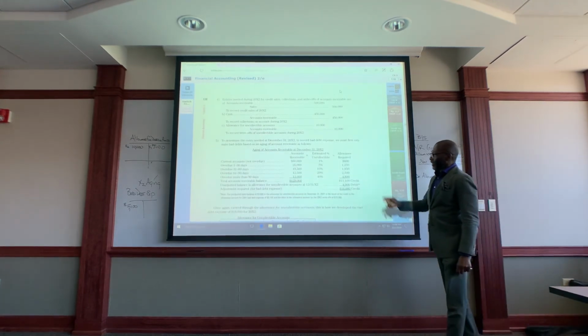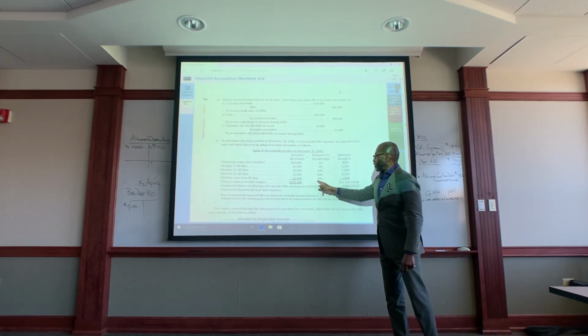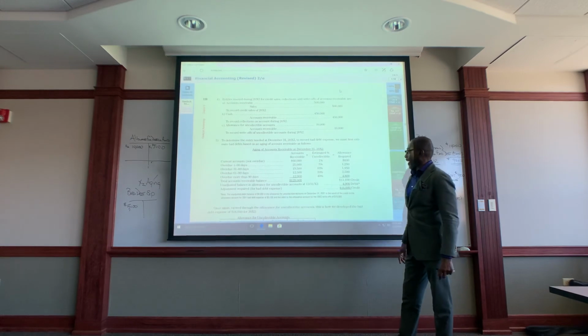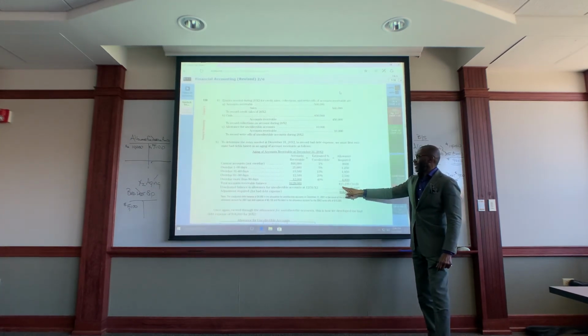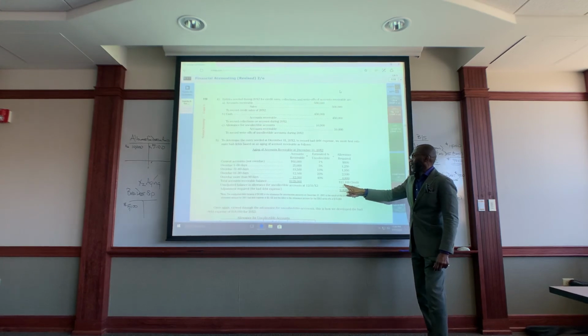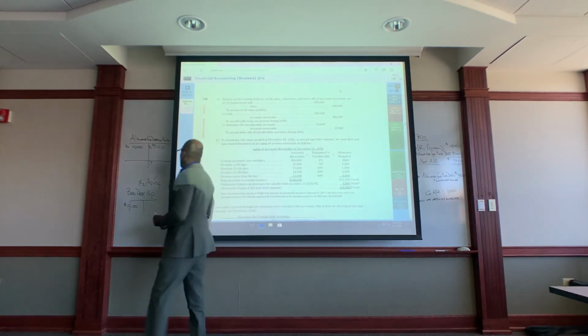So in here, we now age it out. The 129 gets aged out based on our experience rate, and we see that the new balance in the allowance needs to be what? $11,100. Let's go back over here to our T account.